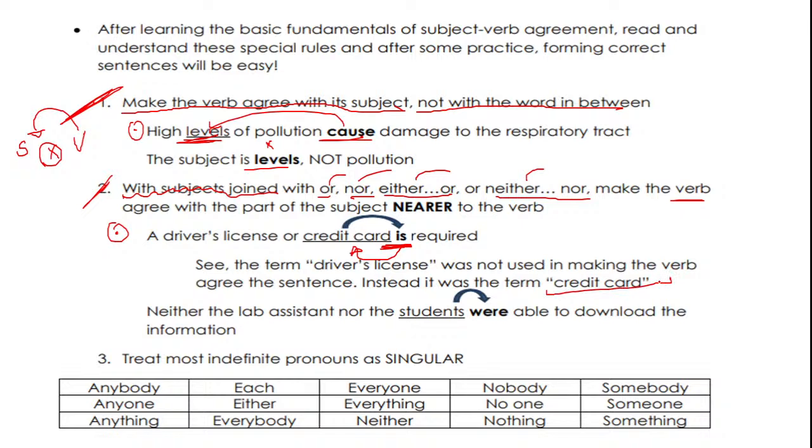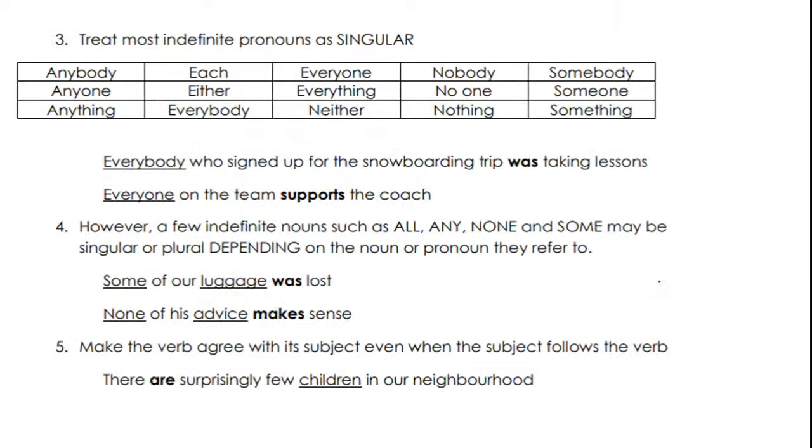Now next we have seen the indefinite pronoun. Whenever indefinite pronouns occur, like the examples I have given in this particular chart, at that time we have to use them as singular. We have to take their singular form only. I gave two examples.